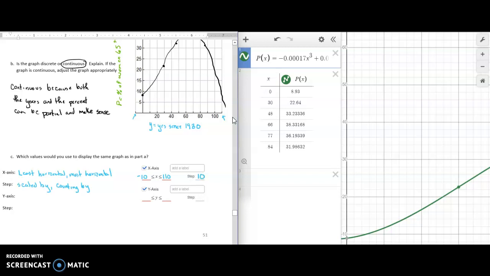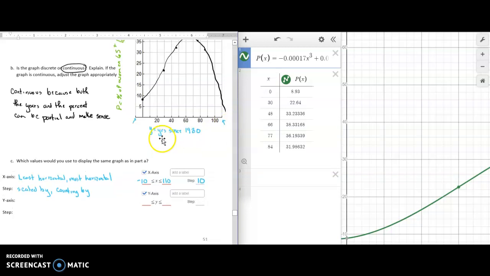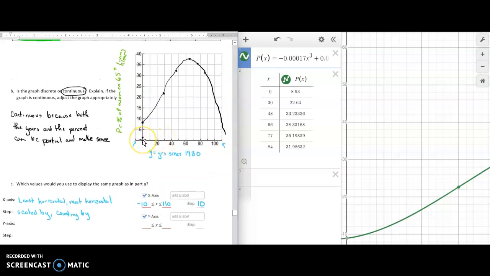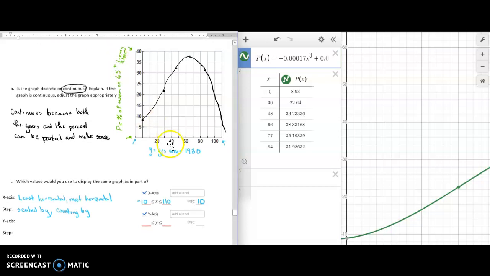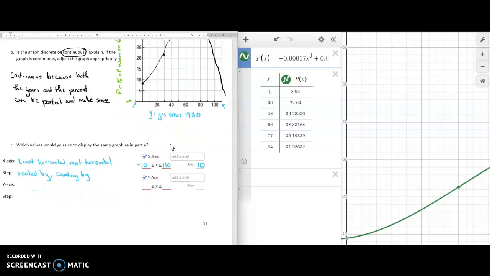We're going to do the same thing looking at the vertical axis. The vertical axis starts at 0 and goes up to 40, and it looks like we're counting by fives. So 0 to 40, and we count by fives. And this time you're going to go to the wrench and adjust the window.